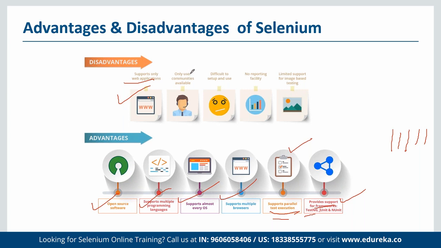Another disadvantage is that it only has community setup support, so you do not have anybody to talk to directly, or you may have to rely on somebody whom you don't know. You put up a question today, and you may not get the surety that your answer will come in the next 1 minute, or even in the next 10 days.